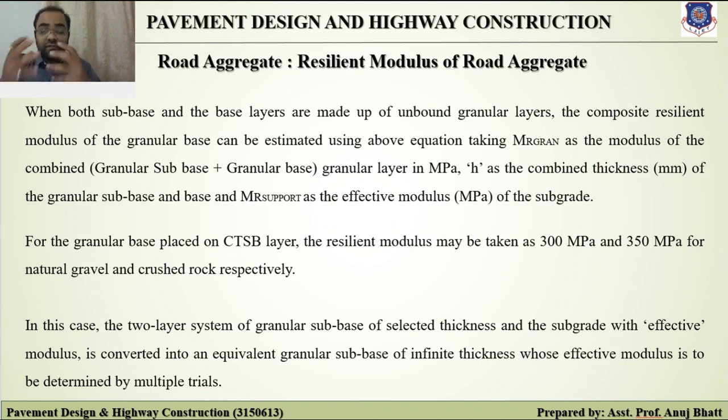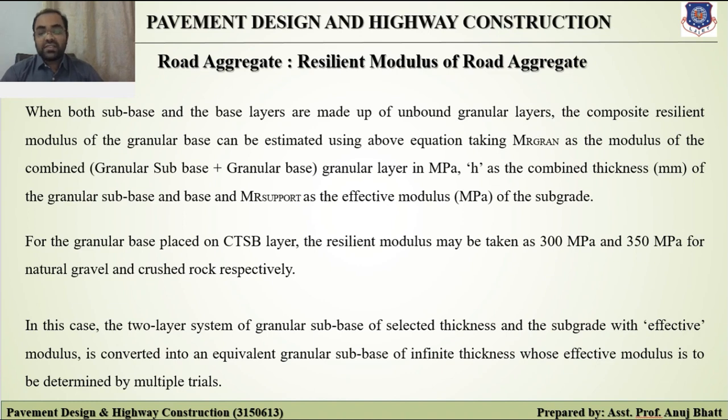Then if the granular base is placed on a cement treated subbase layer, the resilient modulus may be taken as 300 megapascal to 350 megapascal for natural gravel and crushed rock respectively.